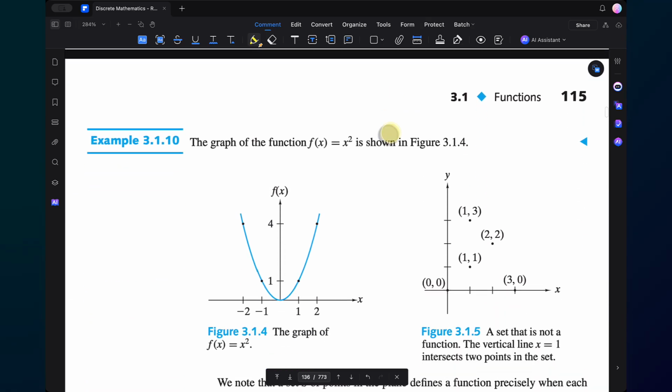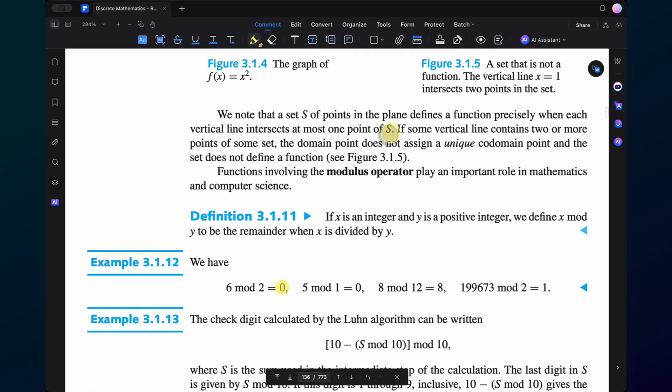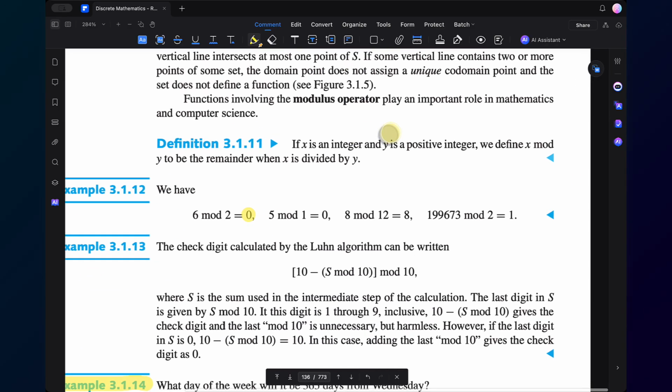So let's get down here. I want to go through a couple of examples. Here's a nice example. We're going to be using this modular function quite a bit. Here's the definition of it. If x is an integer and y is a positive integer, we define x mod y to be the remainder when x is divided by y.